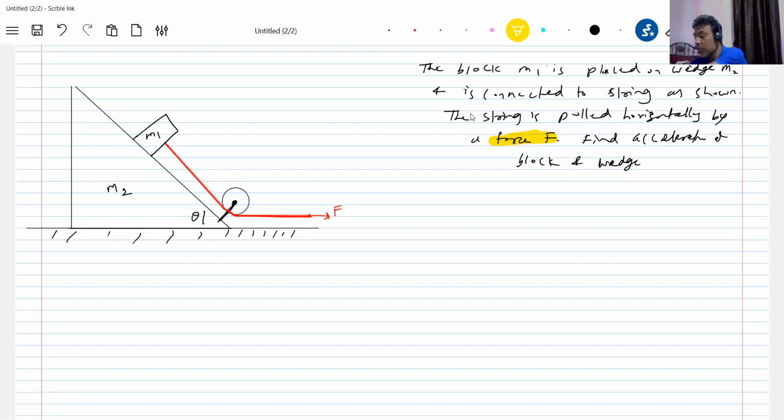Now, carefully analyze the problem. Let's go for the free body diagram. The string is parallel. Draw the free body diagram and make a guess in what direction the block and the wedge will try to move.